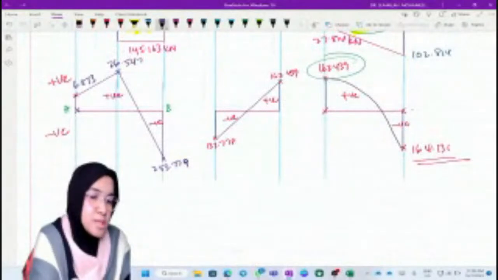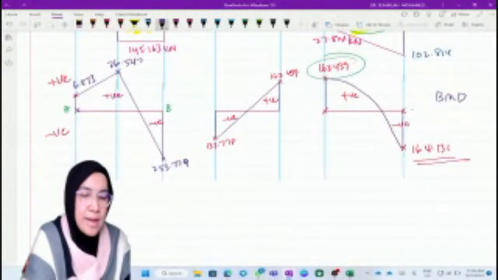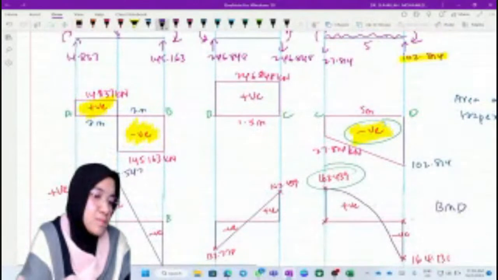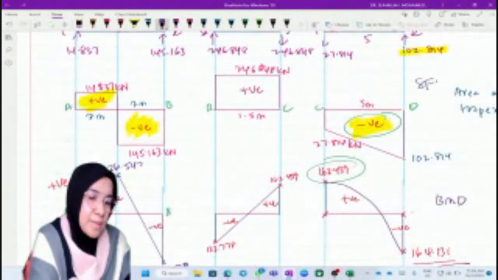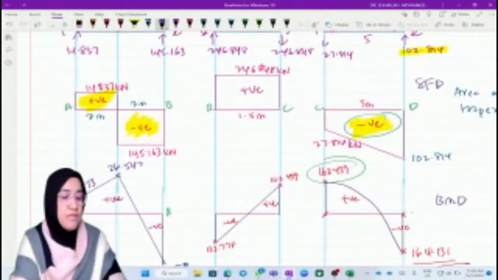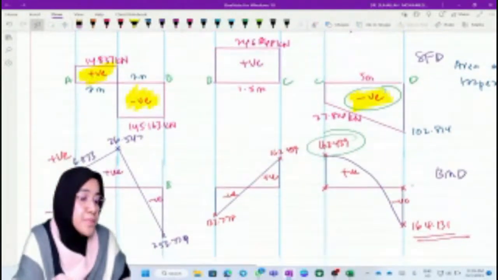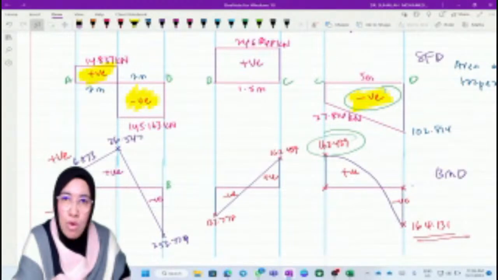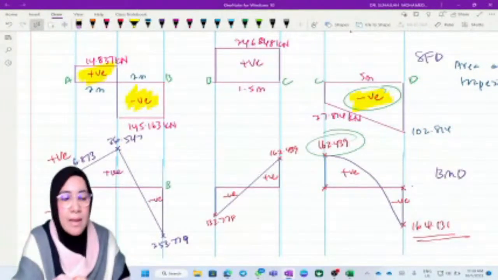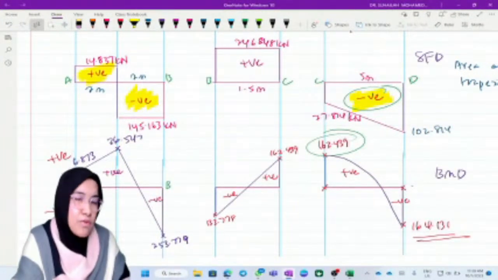This is the bending moment diagram, and the shear force diagram is here. We identify whether there is a salient point or the maximum moment in the bending moment diagram from the shear force diagram. That's why the shear force diagram is important.